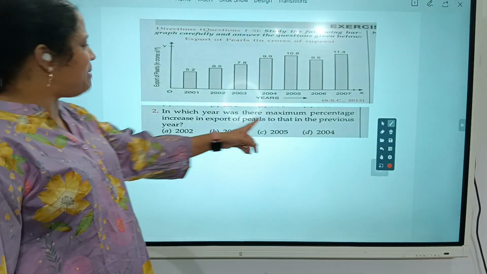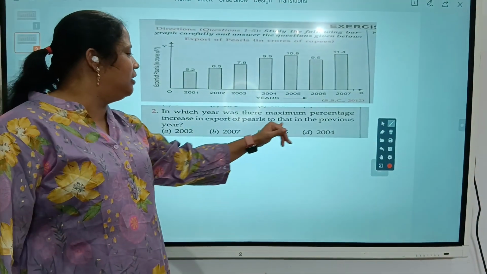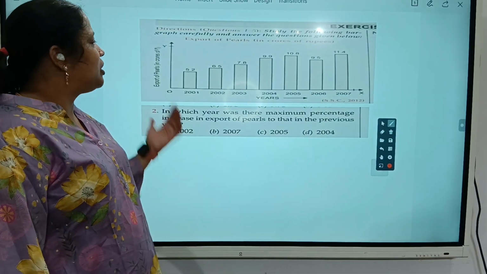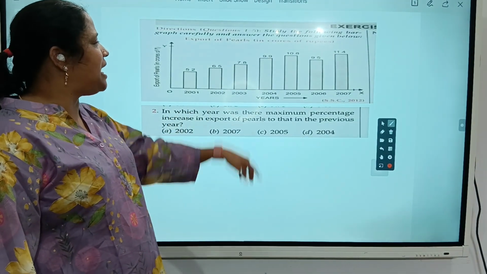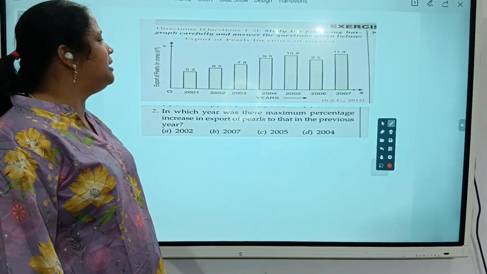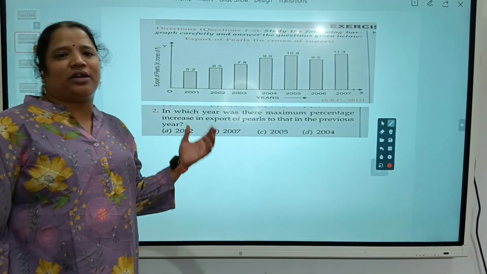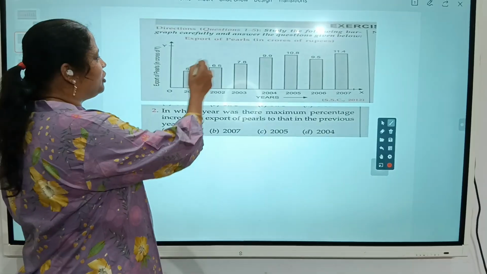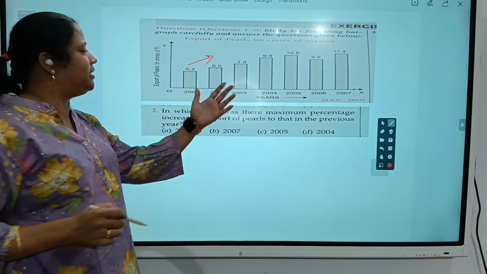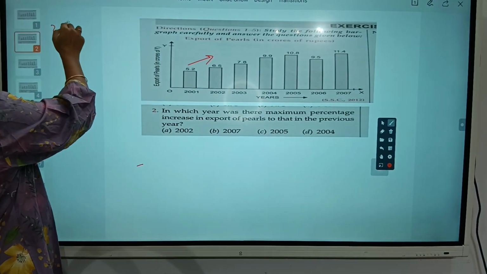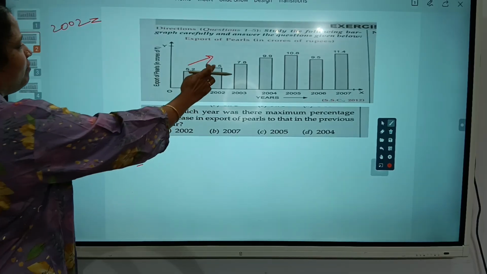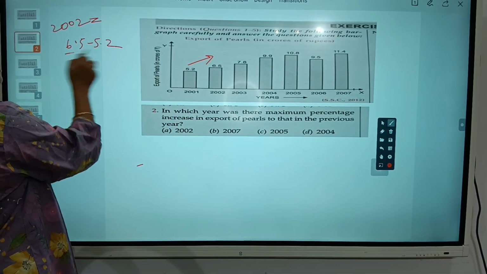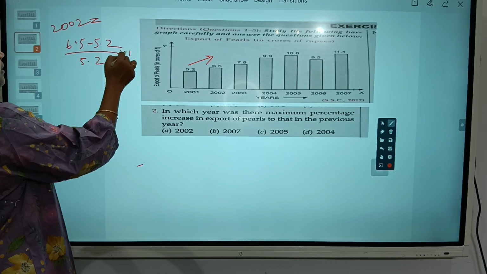In which year was there maximum percentage increase in export of pearls compared to the previous year? So compared to the previous year, which year has the maximum percentage increase? In this question, we have to apply the increase or decrease formula. From 2001 to 2002, how much has it increased? In the year 2002, it is increased by: first value minus second value, by the second value, into 100.